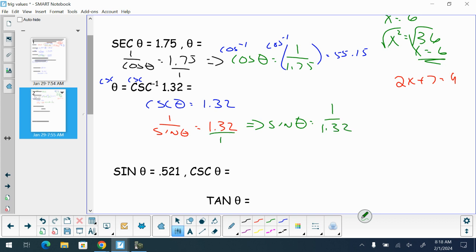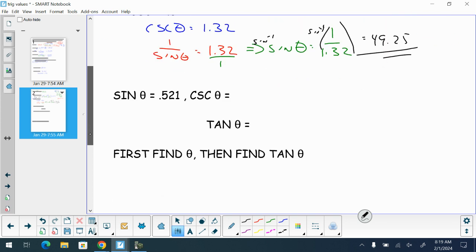This is over 1. And then we can take our inverse sine of both sides. What do we come up with? Anybody? Look at Zach. 49.25.